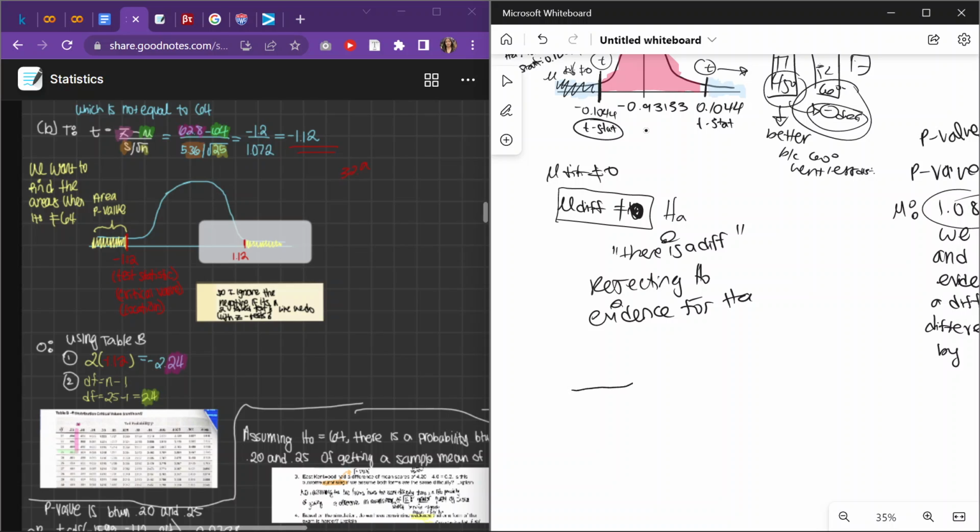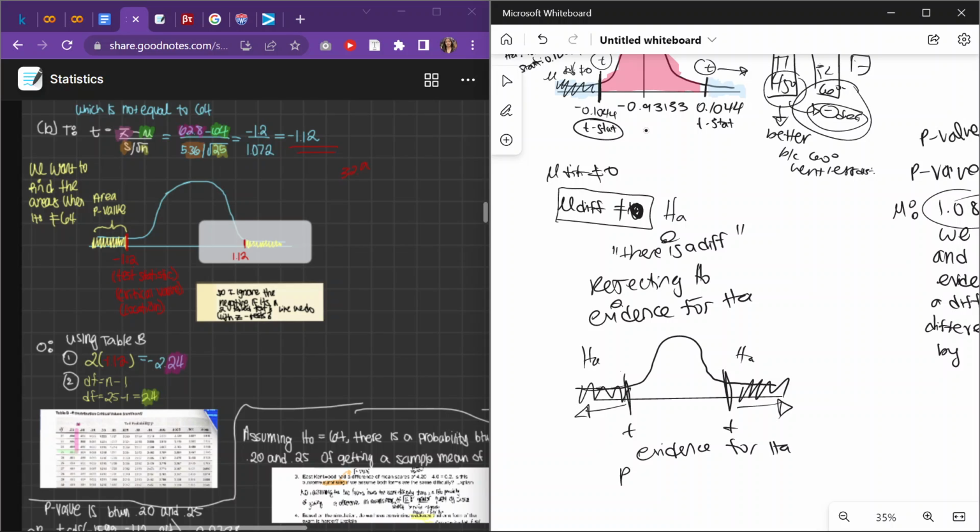So we had our distribution, and we had our t-stat like here, right? And so this over here is the probability of finding evidence for HA. So when we find that probability of T being larger or as extreme, that probability is finding evidence for HA.